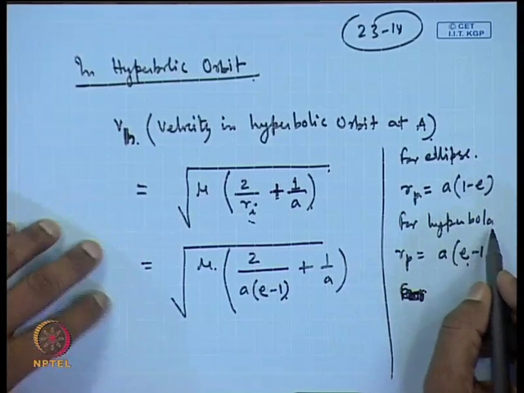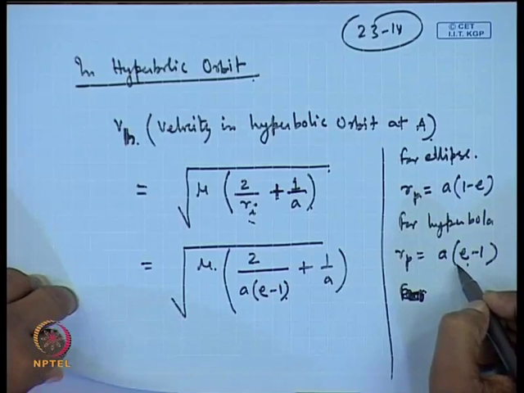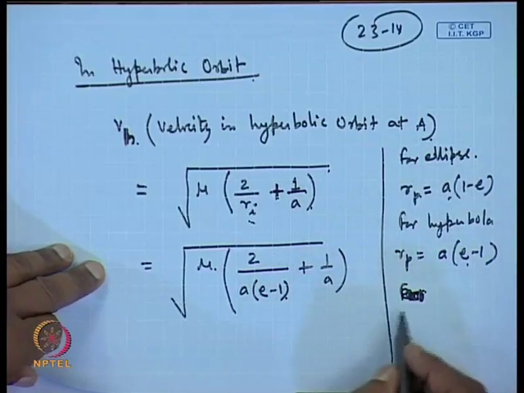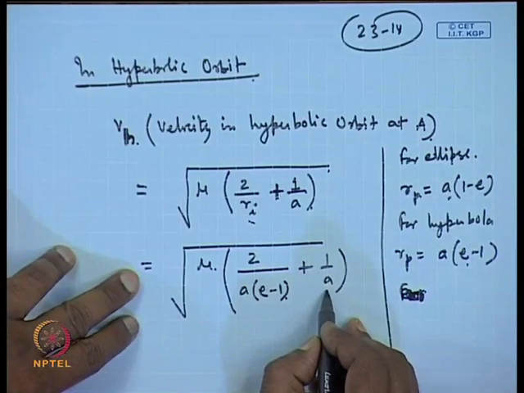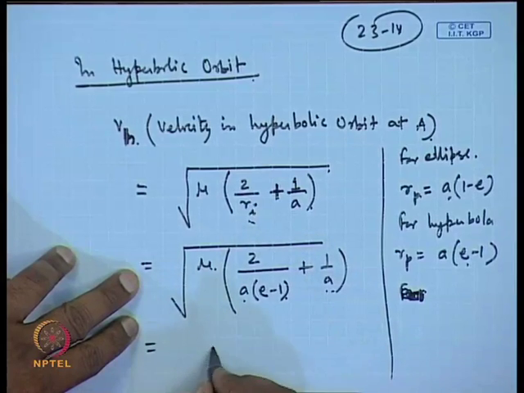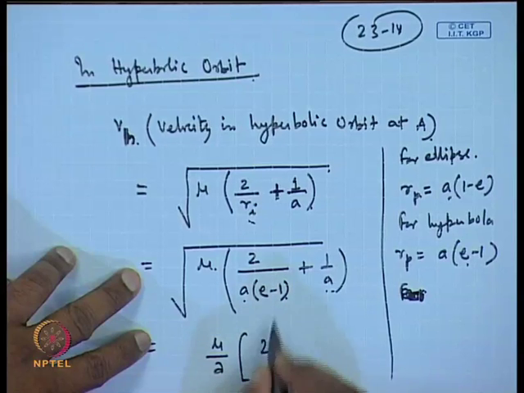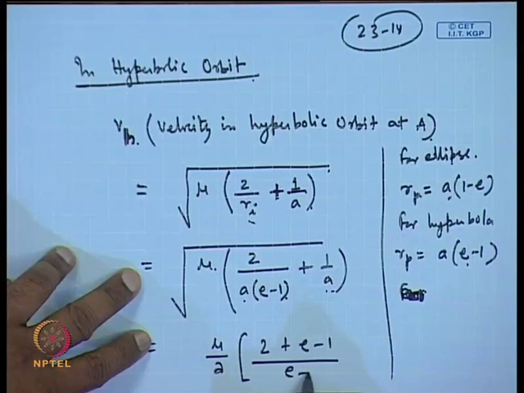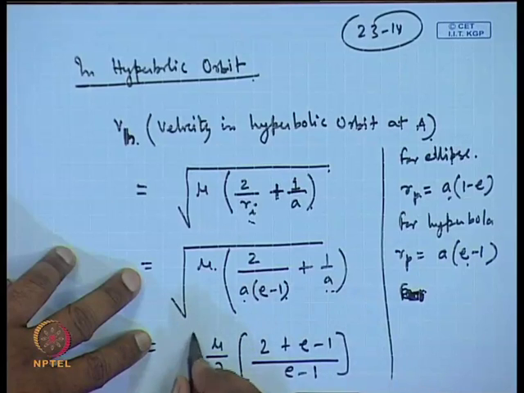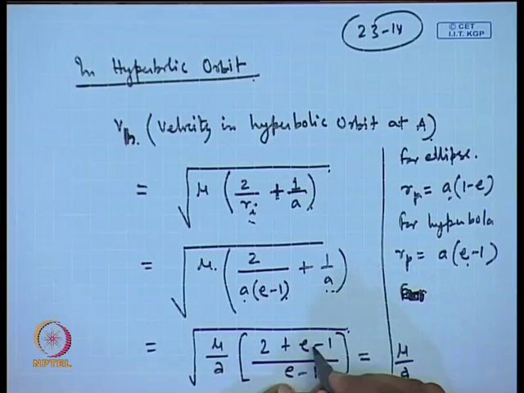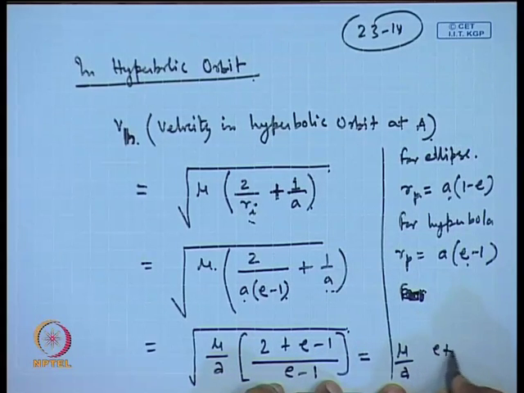And for parabolic orbit, obviously, we have a equal to infinity. So, here in this case, now we can separate out a and write it in a way as square root of mu by a times (2 plus e minus 1) divided by (e minus 1). So, this quantity becomes equal to square root of (e plus 1) divided by (e minus 1).